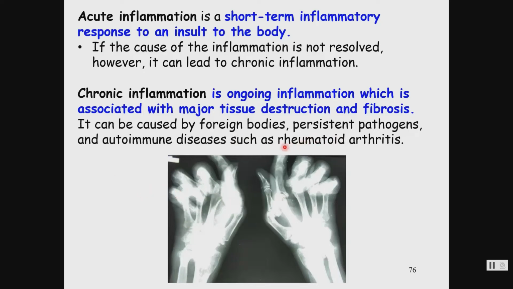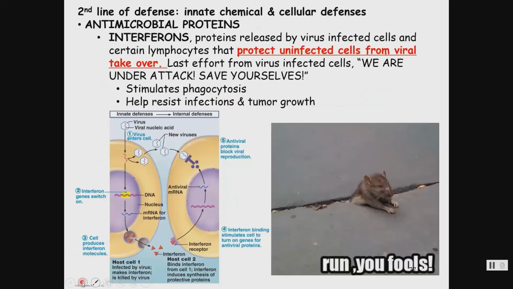That's due to autoimmunity, and that chronic inflammation damages those joints. So that's just an example. You get tissue destruction, and instead of regeneration, which is what you get with acute inflammation, you get fibrosis, you get damage. So acute inflammation, good. Chronic inflammation, bad.